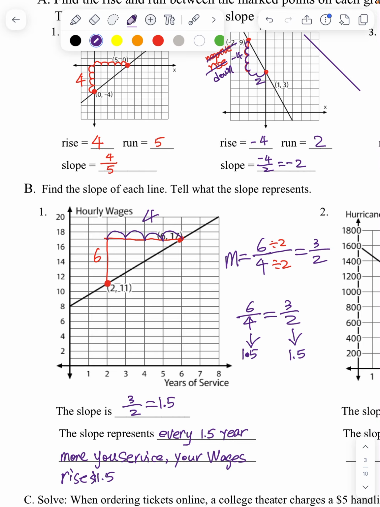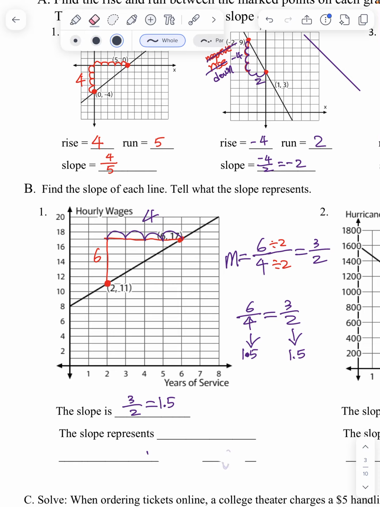So every one, no, every year. Sorry, I made a mistake here. Every year, every year you work. Oh, what should I put for the wording here? Every year you work for the company.